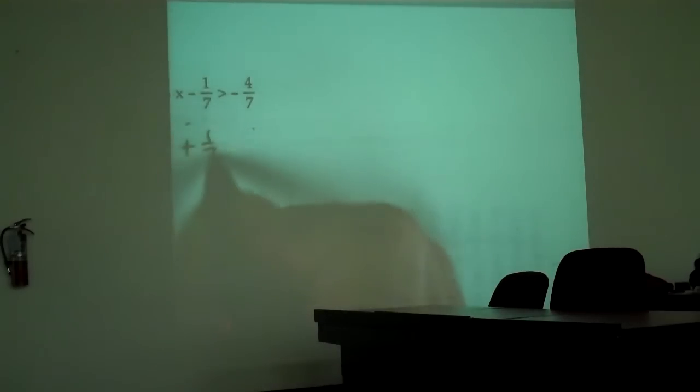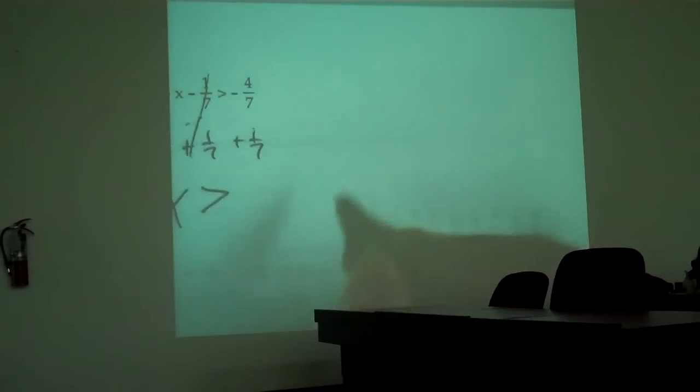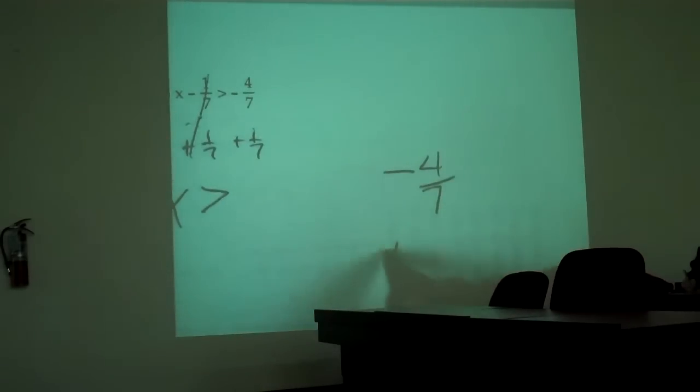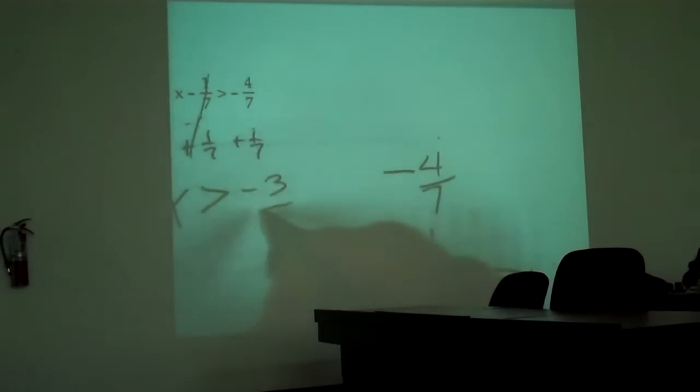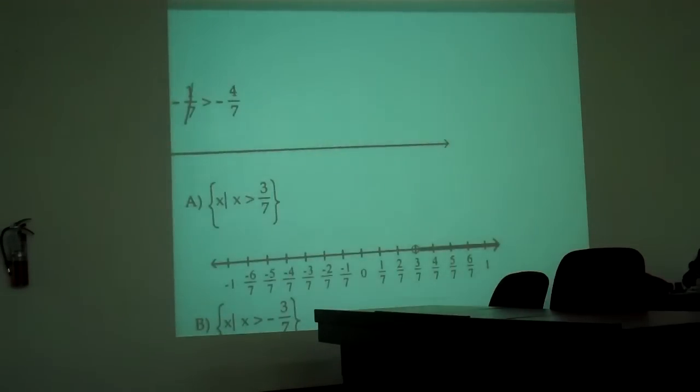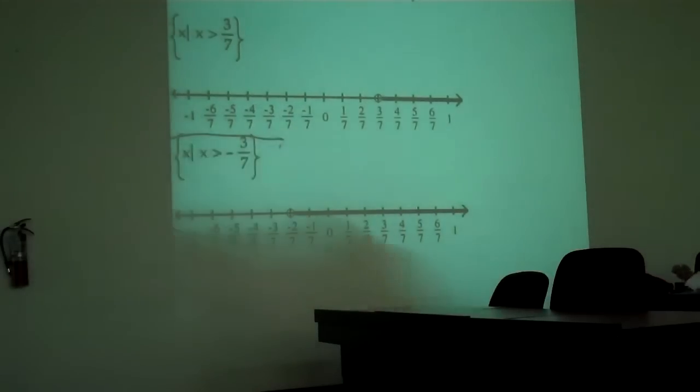So add 1/7. X will be greater than, you have negative 4/7 plus 1/7. Negative, right? Negative 4 plus 1, negative 3/7. Negative 3/7 is greater, which is B.